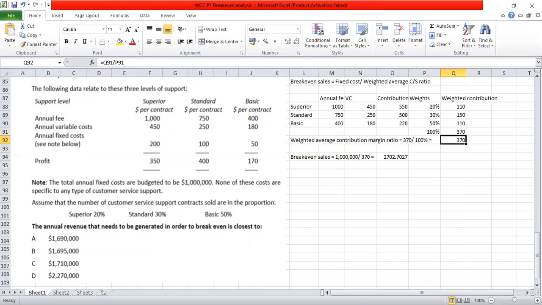Okay. If that is the case, annual revenue is generated.